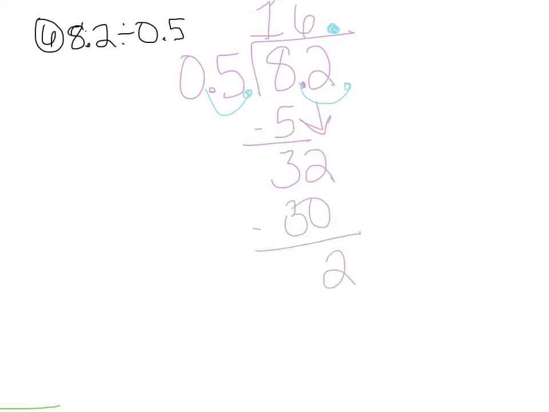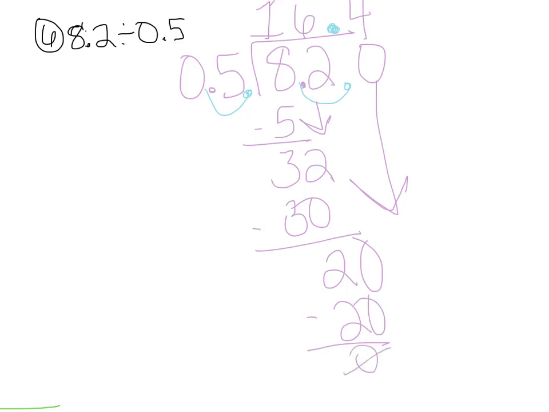You get a remainder of 2, so I'm going to add a 0 and bring it down. 5 goes into 20 exactly 4 times. So 8 2/10 divided by 5/10 is 16 4/10.